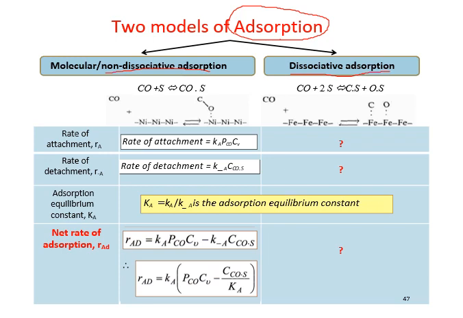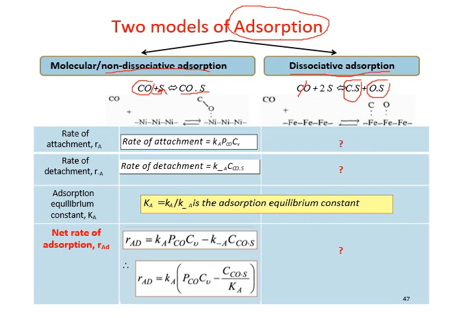If non-dissociative, carbon monoxide as a molecule will adsorb on active sites as a molecule, becoming carbon monoxide molecule adsorbed on active sites. But if dissociative, it means C and O will dissociate. When dissociated, they will adsorb on different active sites. So C will adsorb on one active site, and O will adsorb on another active site.